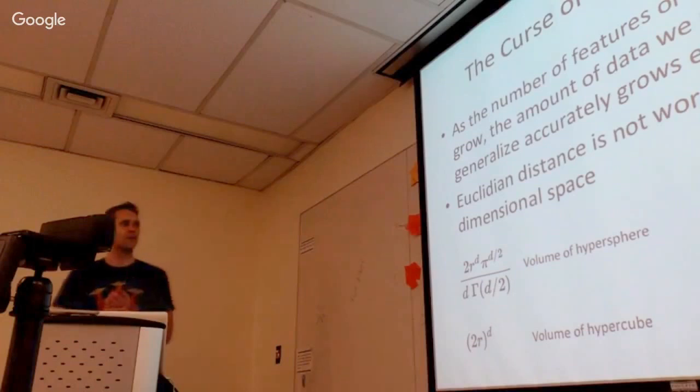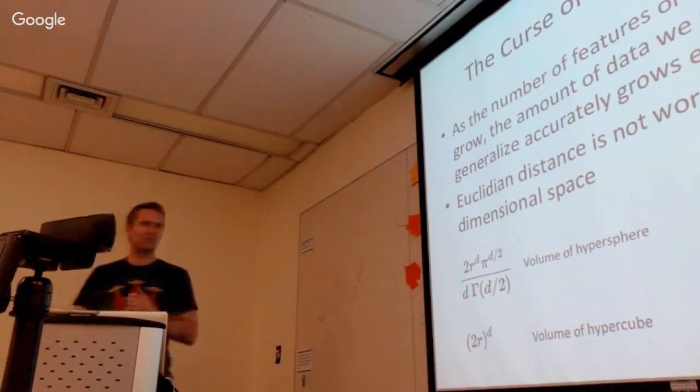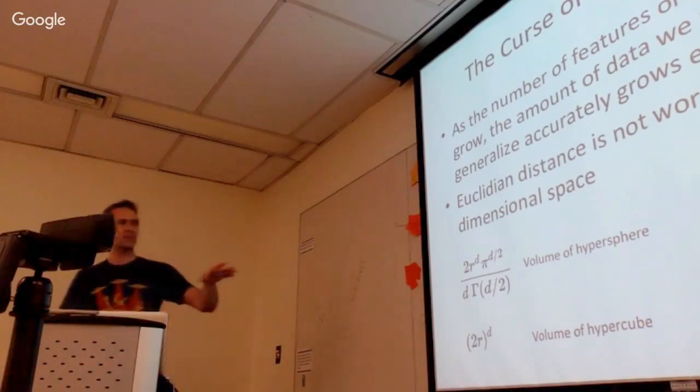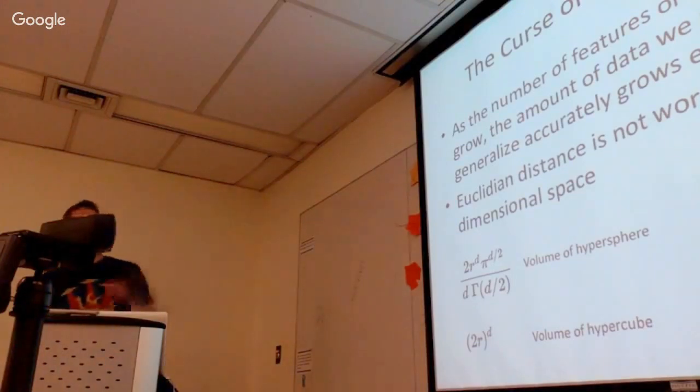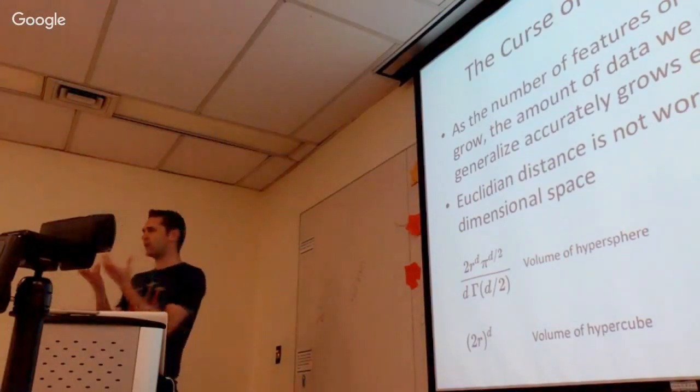And then another thing is that things like the Euclidean distance do not really work in high dimensional spaces. And it's not a really trivial thing to see. So there is an example where let's say you have a sphere inside a cube, right?